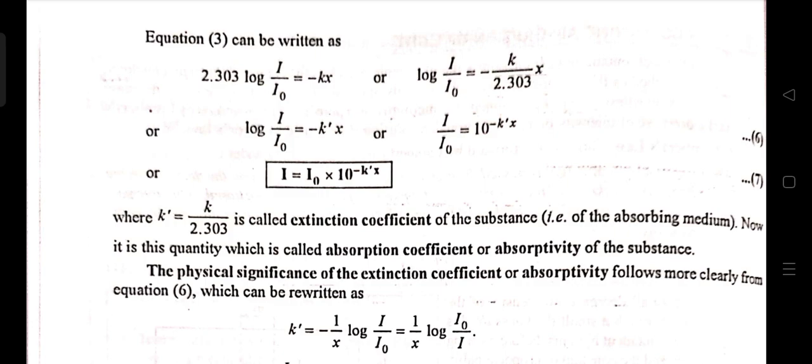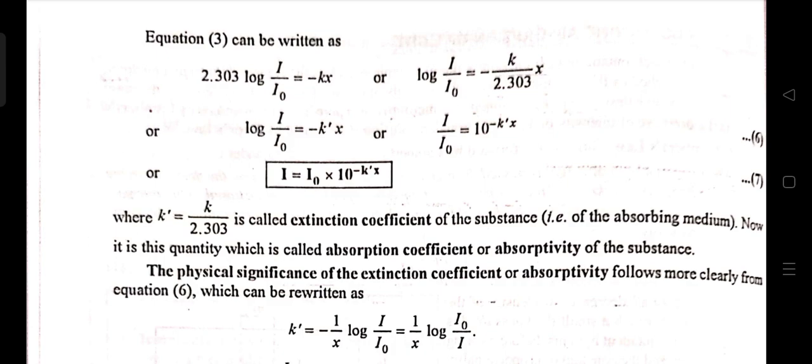So we can write this equation as I = I0 × 10^(-k'x). This is our equation number 7, where k' = k/2.303 is called the extinction coefficient of the substance, that is of the absorbing medium.